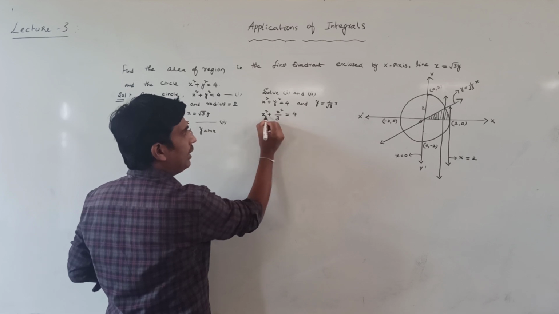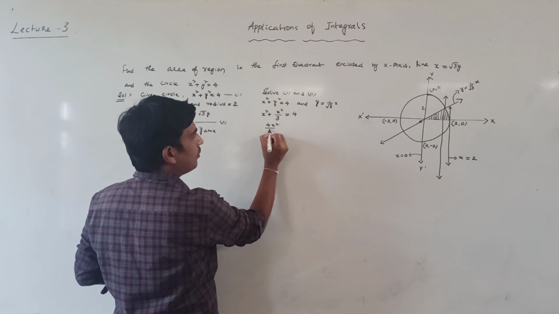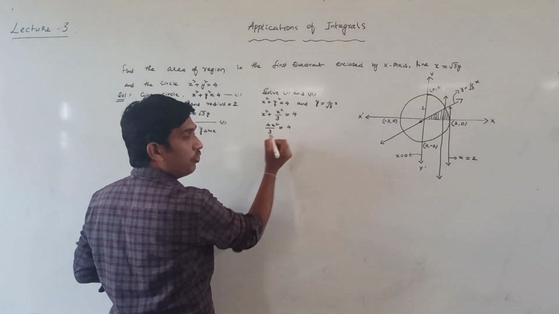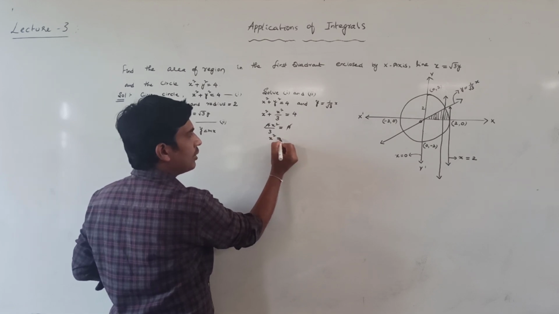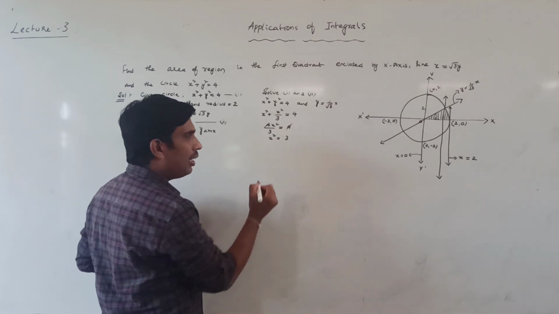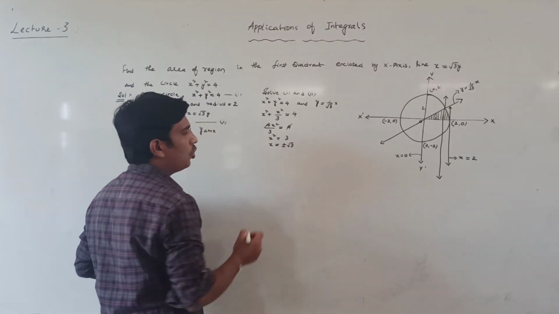LCM taken, we get 3x square plus x square, that is 4x square by 3, is equal to 4. Both sides 4 cancel. x square is equal to 3. x is equal to plus or minus root 3.